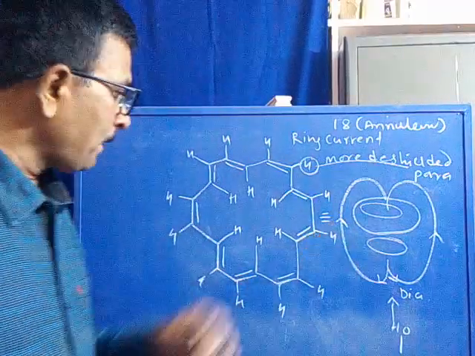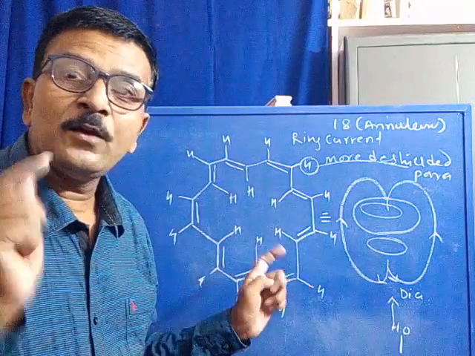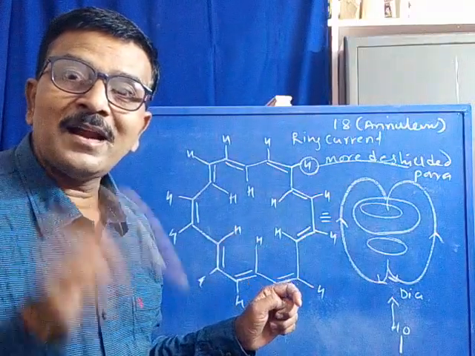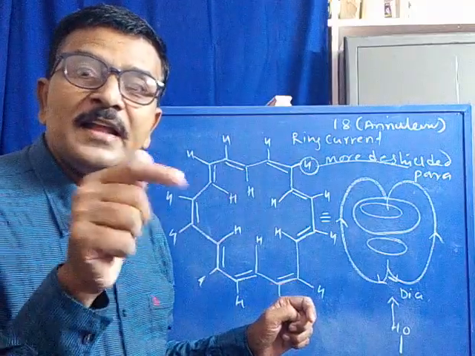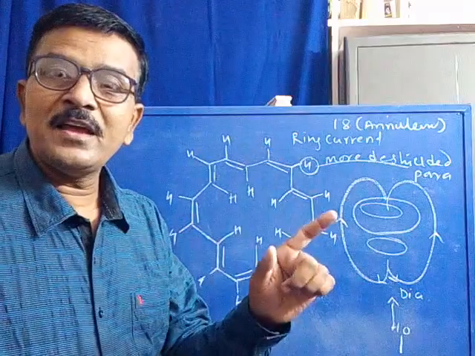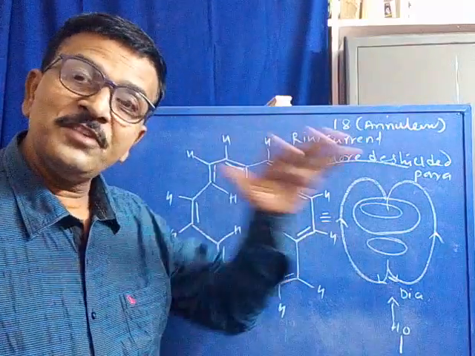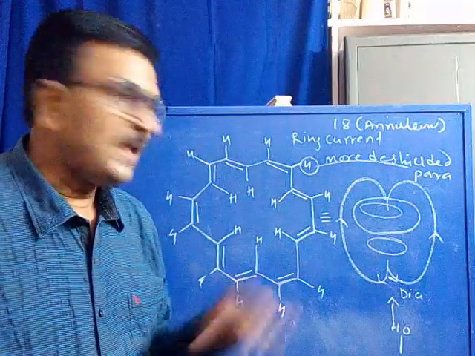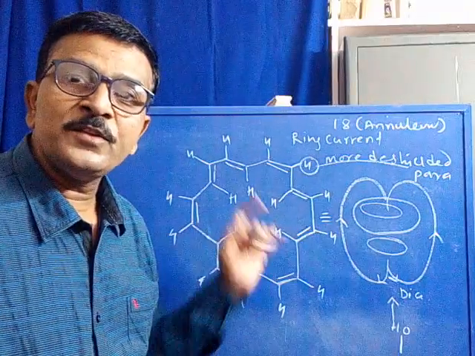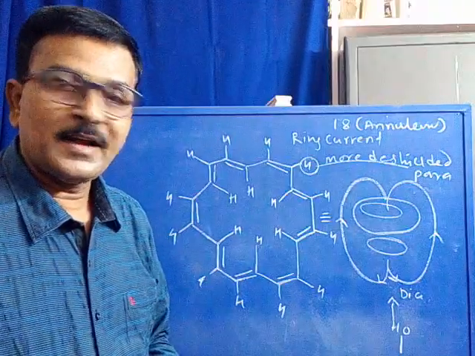Now similarly, inside there are 6 hydrogens. The 6 inside hydrogens are lying under the diamagnetic ring current. Just now we discussed that the ring current is diamagnetic exactly at the center of the ring, where the 6 hydrogens are situated inside the ring. Therefore, these 6 hydrogens experience the diamagnetic effect of the ring current.